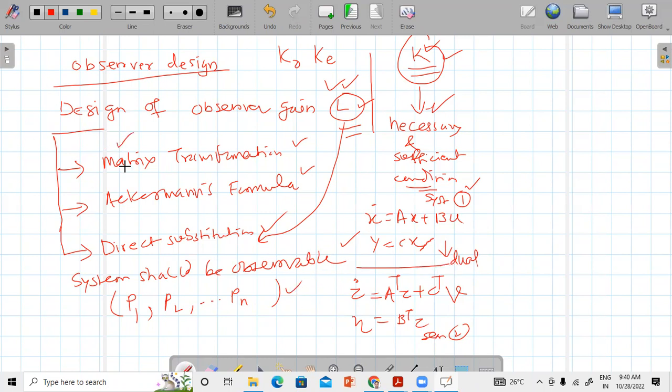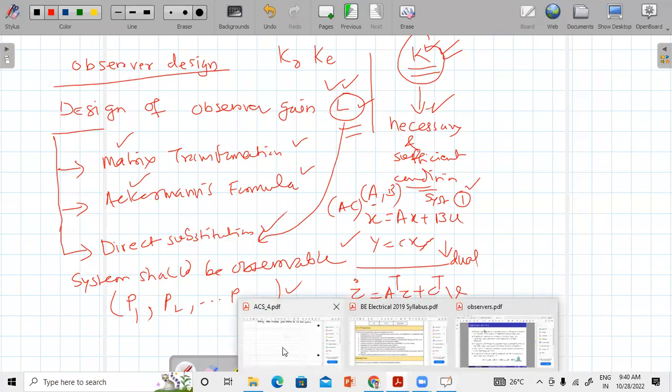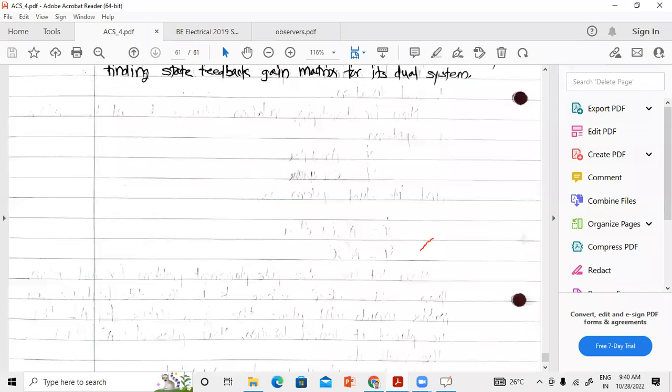So whatever methods we have seen for designing K for state feedback control, all these methods are same, only the notations and representations are different. इथे काय म्हणू आपण, AB is controllable. Here A transpose and B transpose will be observable. Here AC is observable, then here A transpose C transpose is controllable, and that is what is used here. So we will just go through that and we'll see how we can do.